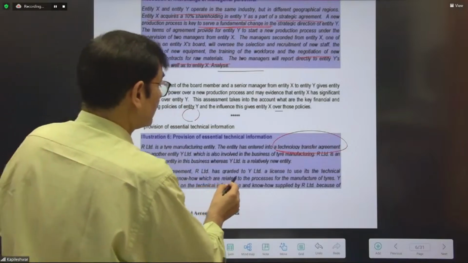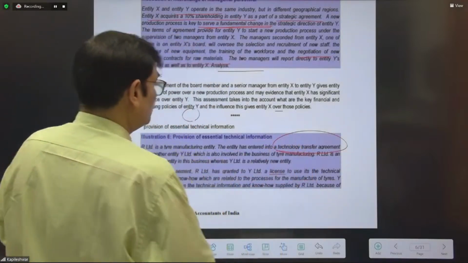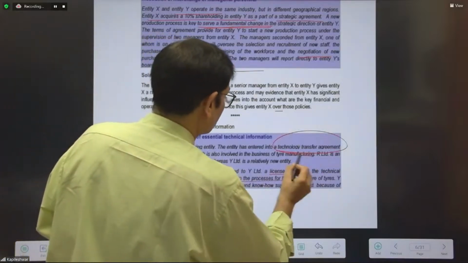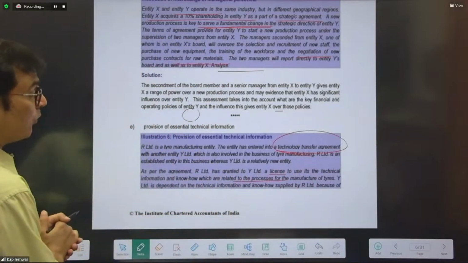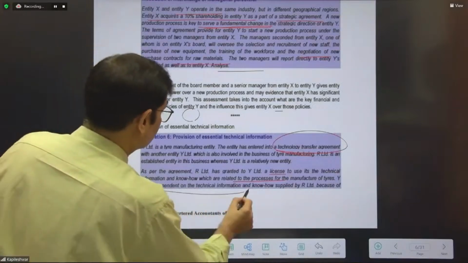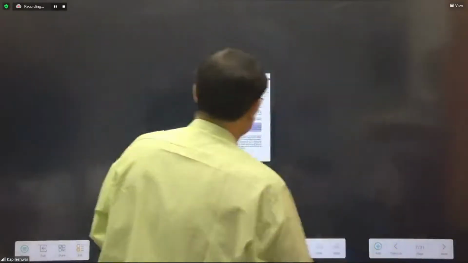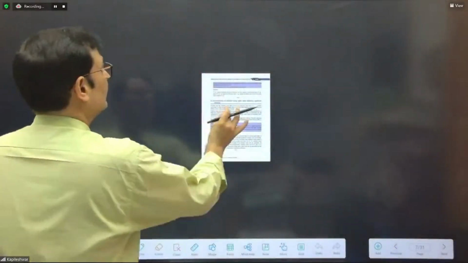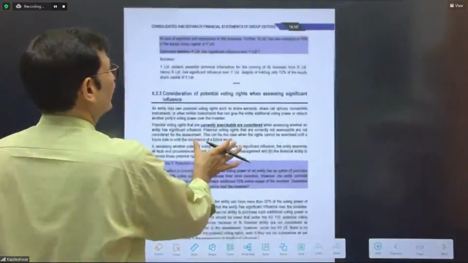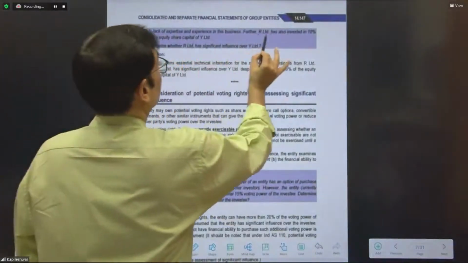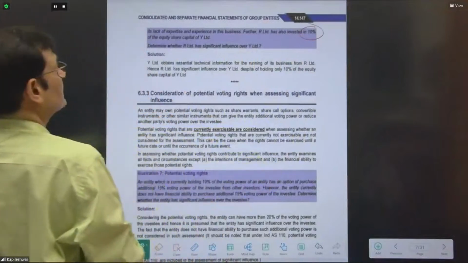As per the agreement, R has granted Y a license to use the technical information and know-how related to the process for manufacture of tires. Y is dependent on the technical information and know-how from R, very clearly indicative that there is a dependency in terms of technical information. It says further R has invested only a 10% stake.